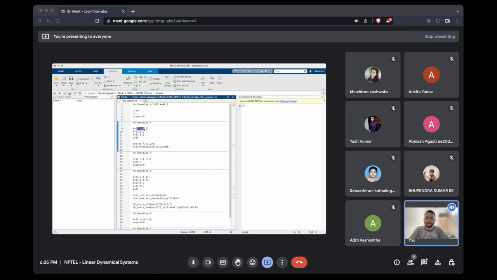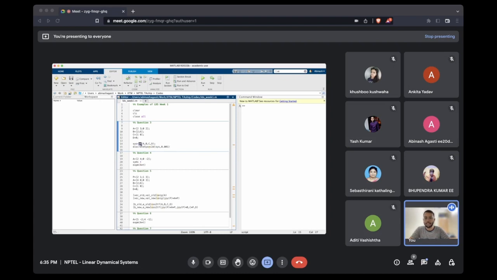So we have this A matrix. We had this A matrix in the question. This was the B matrix. Then we can take some random C matrix and some D matrix. Then we can create a system sys from the state space function that we have in MATLAB, which is an inbuilt function.